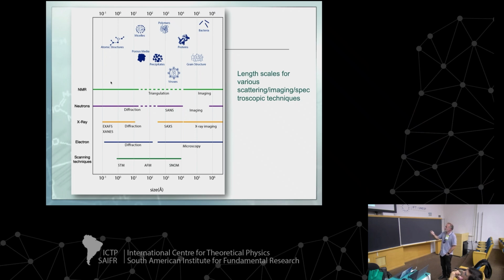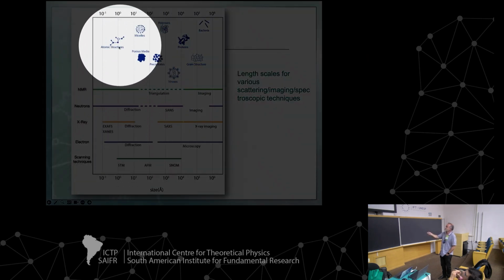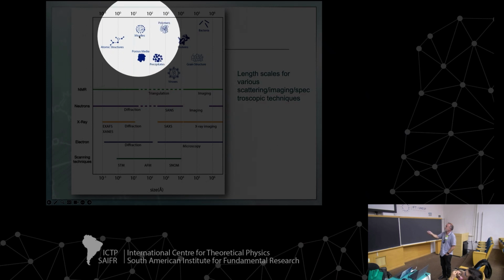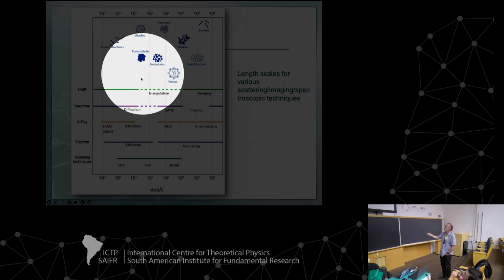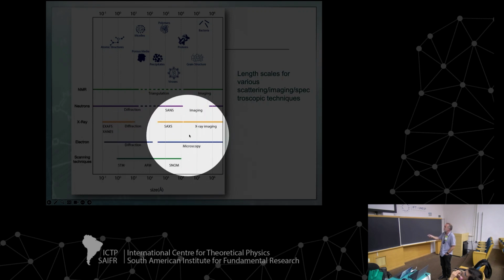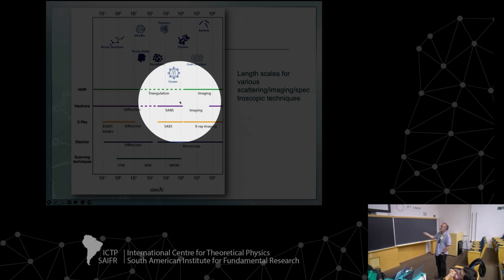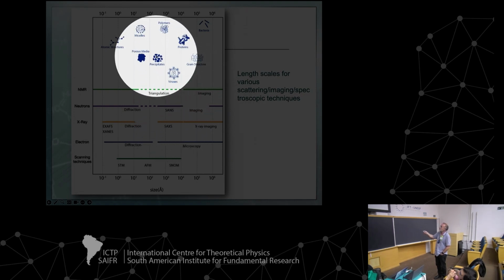So you see that here we have all these diffraction techniques that sample atomic structure. When you go to micelles and porous media, you are in the realm of atomic force microscopy, also diffraction, and here X-ray scattering, small angle neutron scattering for viruses, precipitates.